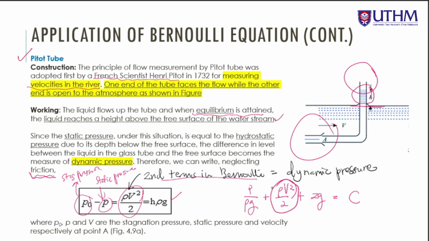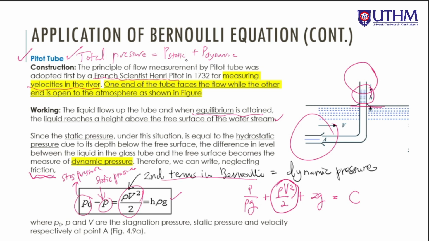Okay, seperti yang saya cakap sebelum ni kan, bila kita cakap pasal pitot tube is actually more on total pressure. Okay, total pressure is actually equals to apa? P static plus P dynamic. Betul tak?